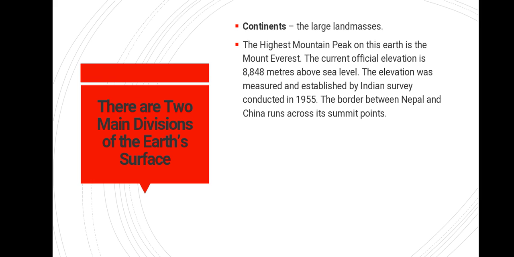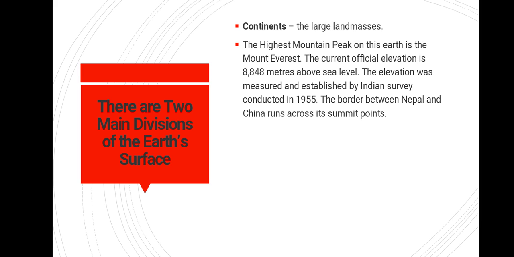Here we will learn some basics of continents, that is the highest mountain peak on the earth is the Mount Everest. The current official elevation is 8,848 meters above sea level. The elevation was measured and established by Indian Survey conducted in 1955.